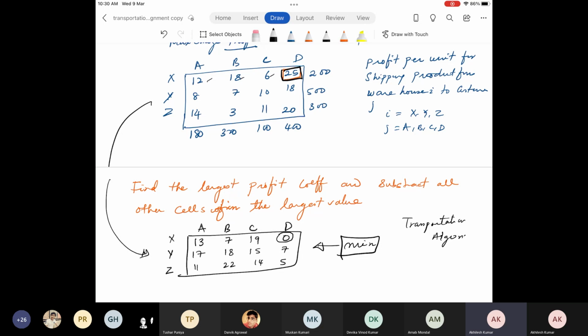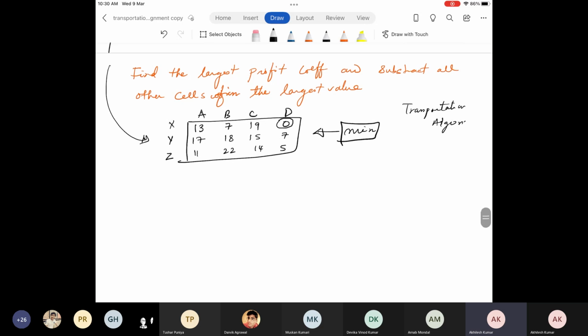Just to show you what exactly has happened, suppose the problem I had was Z equals double summation Cij Xij, where Cij was my profit, and I was trying to maximize it.